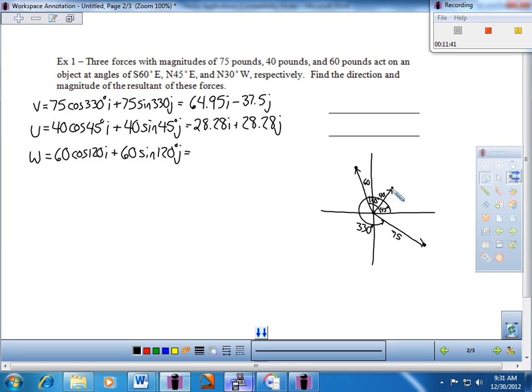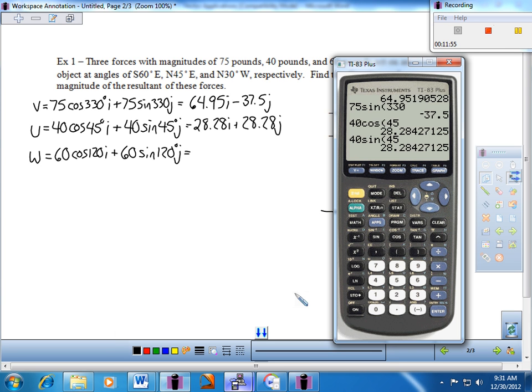Absolutely great. Now the third one, of course, let's get that one taken care of, the 60 and the 120. So here we go, 60 cosine 120 degrees. I think we saw that coming. And then 60 and then sine 120 degrees. Please make sure you're typing in with me and getting everything.